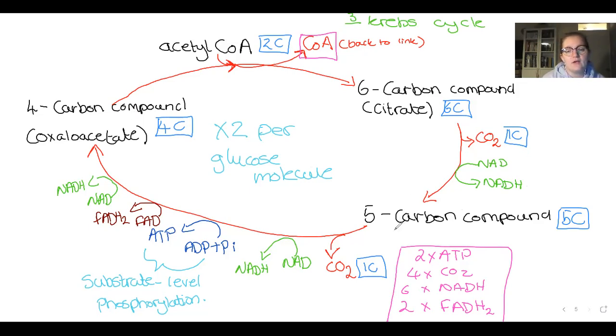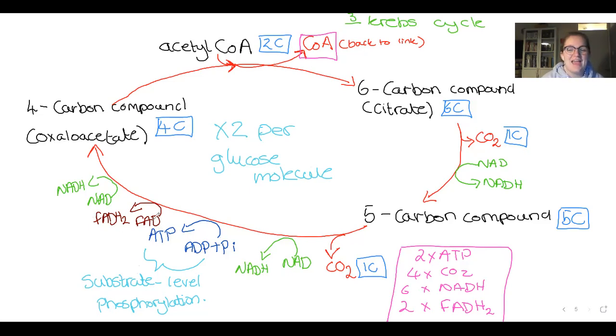When this happens, decarboxylation occurs again, by the removal of CO2, dehydrogenation occurs, and NAD picks up the hydrogen and becomes reduced NADH. We also have substrate level phosphorylation occurring, and ADP and an inorganic phosphate get donated from a donor molecule and produce 1 molecule of ATP.